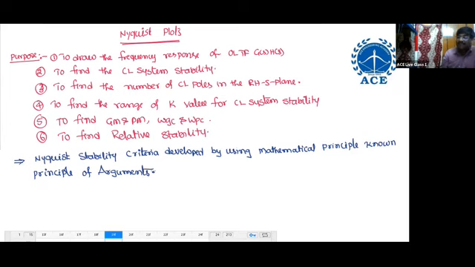It is a mathematical concept that they are using in Nyquist plots. Okay? So now, what is the principle of argument?